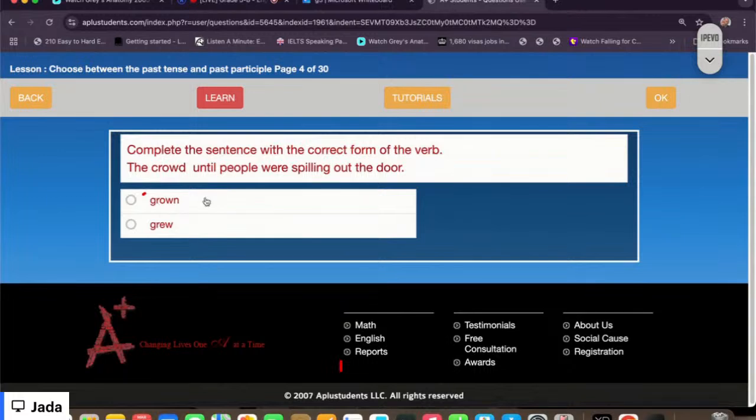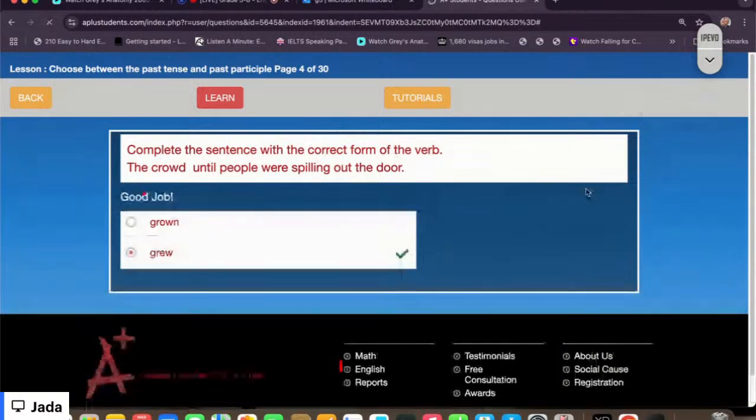Alright, so we have: the crowd grew until people were spilling out the door.